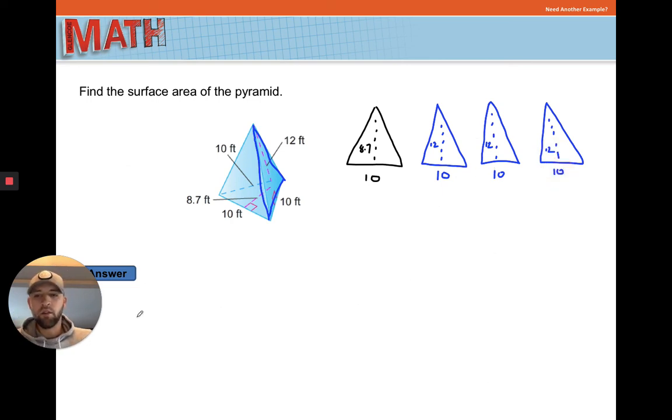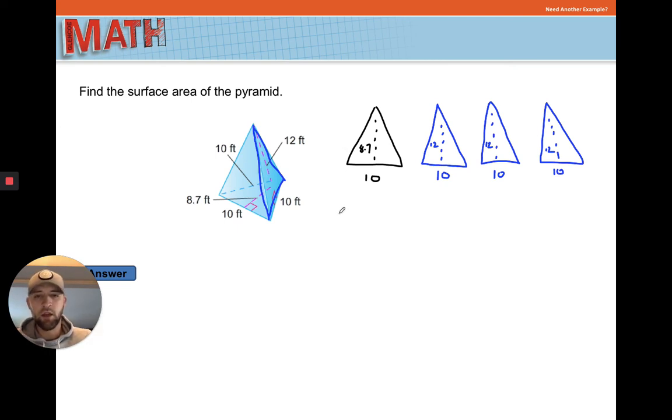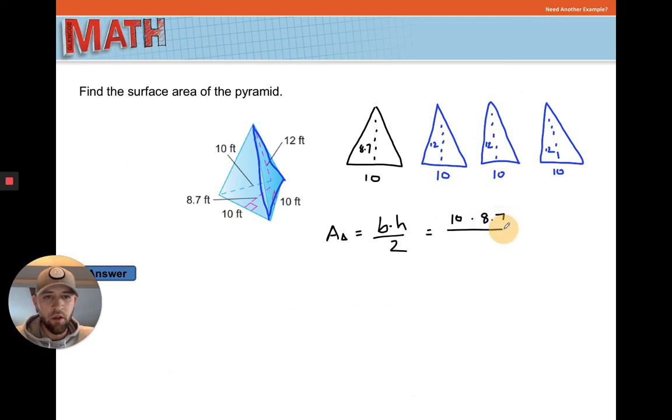All right, let's find the area of the base first, the one on the bottom. So we'll go to our black triangle. Remember, the area of a triangle, we're going to use base times height divided by 2. So when I plug that in, my base is 10, my height is 8.7, and I'm going to divide all that by 2.